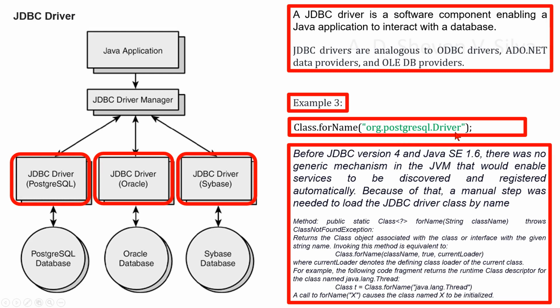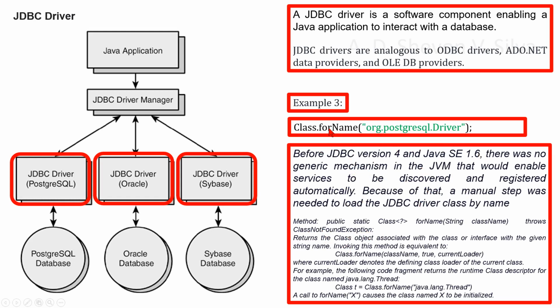Before JDBC version 4 and Java SE 1.6, there was no generic mechanism in the JVM that would enable services to be discovered and registered automatically. Because of that, a manual step was needed to load the JDBC driver class by name. Here, the method public static Class forName(String className) throws ClassNotFoundException.